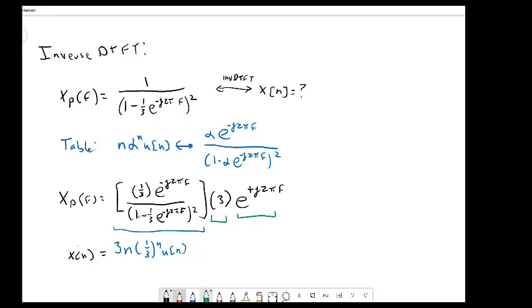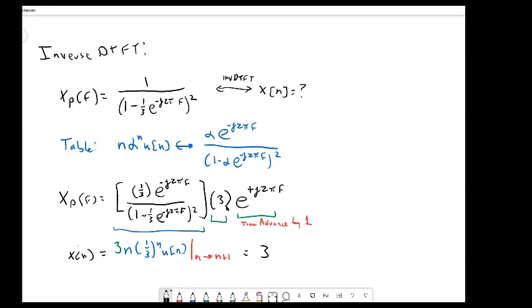And this part says I'm going to have to change my index. This is a time advance by 1, it looks like. So I'm going to have to replace all the n's with n plus 1 in that function.